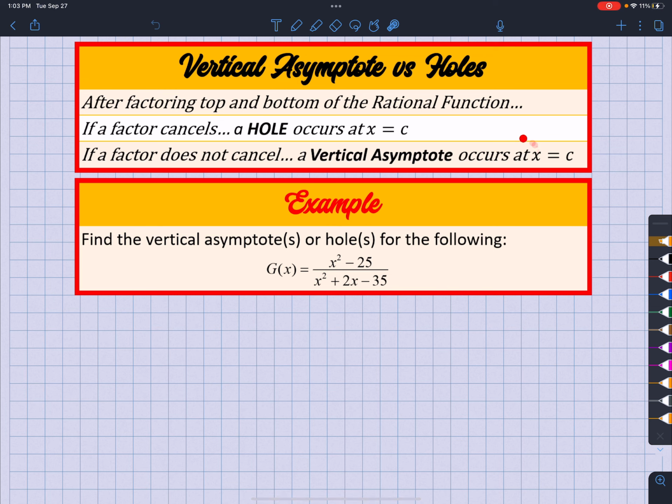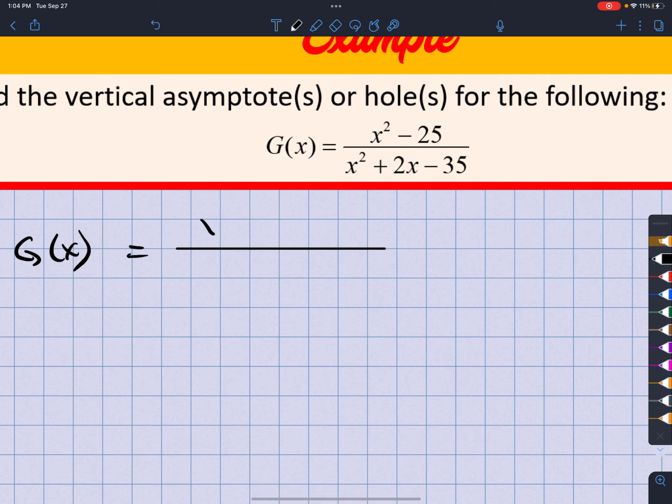So let's take a look. You can certainly read this yourself, but let's go ahead and do an example so I can actually show you what that means. One of the things that we always want to do is factor the top and bottom. So if I factor this, g of x is going to equal, the top is going to factor out because that's the difference of two squares. So that's going to be an x minus 5 times an x plus 5.